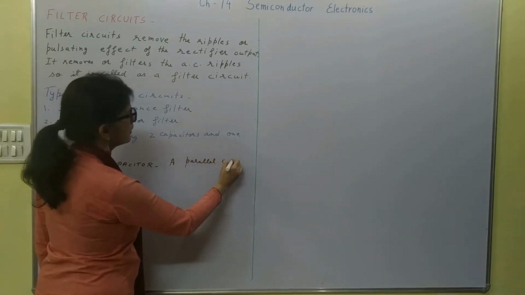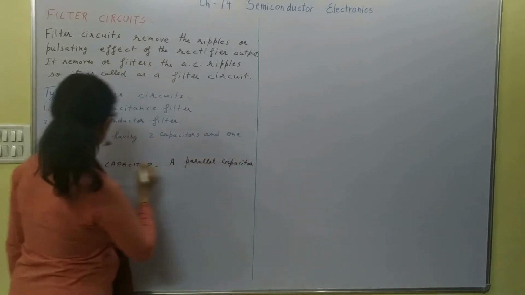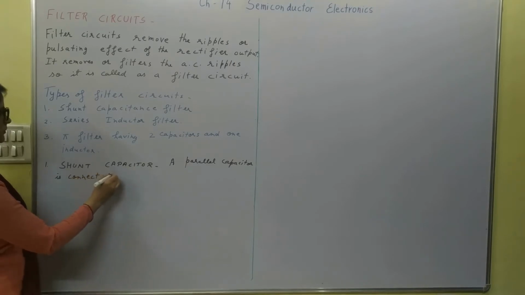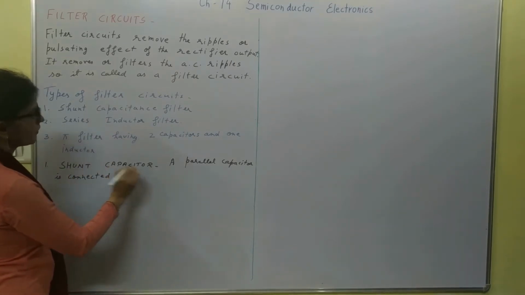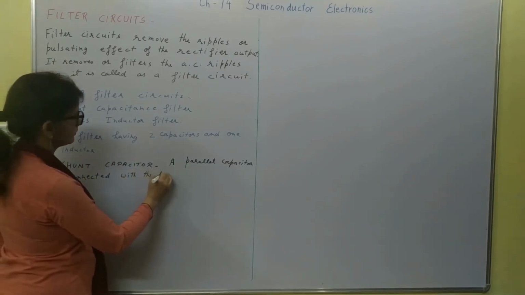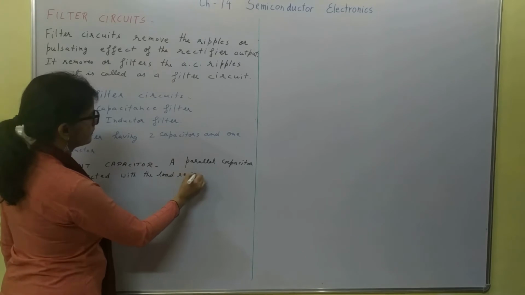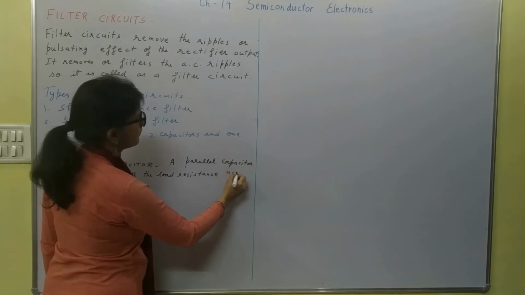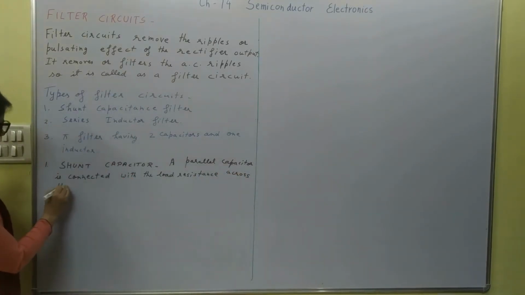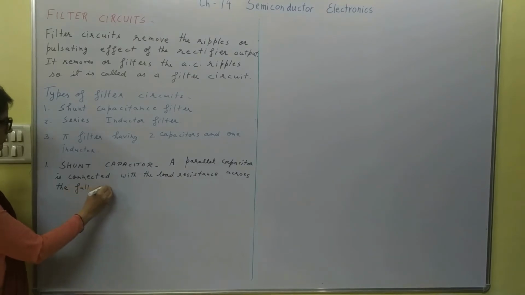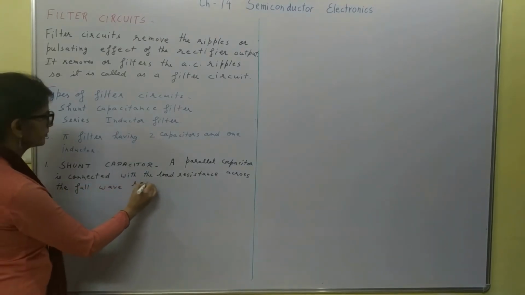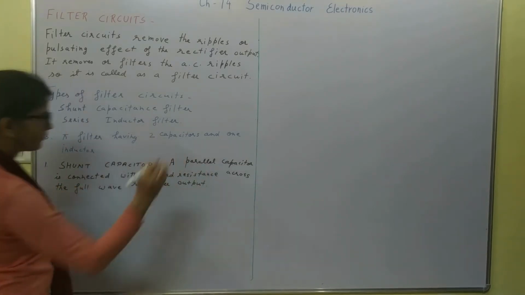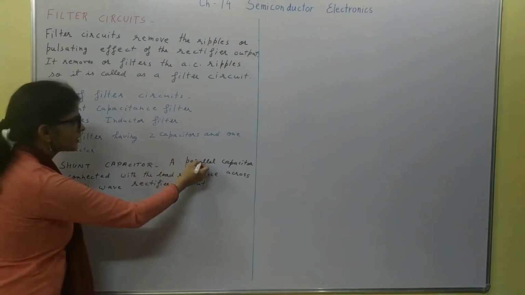A parallel capacitor is connected with the load resistance across the full wave rectifier output. Right? So we'll discuss this in detail.